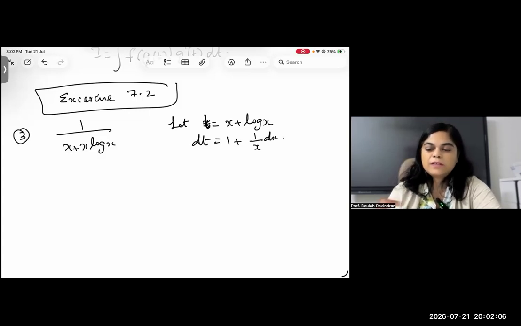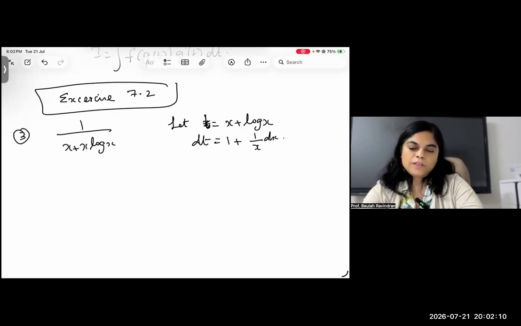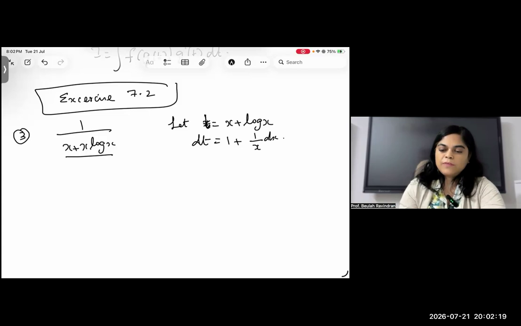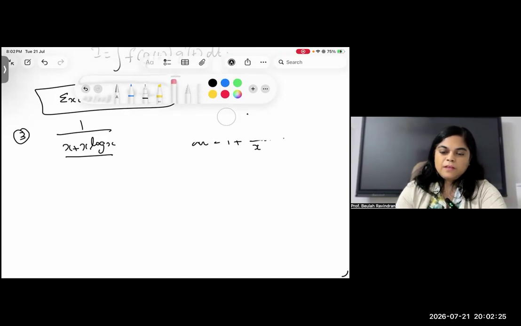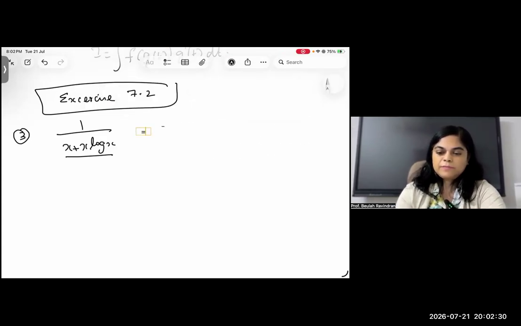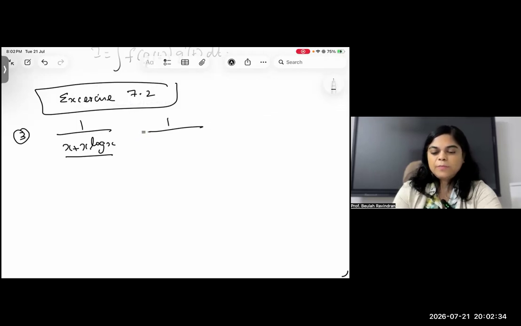And then after that, substitute for dt. So what is dt? dt is dx by x. Here x plus log x. I will explain you again. We can take x as common, 1 divided by x, commonly we can take 1 plus log x.